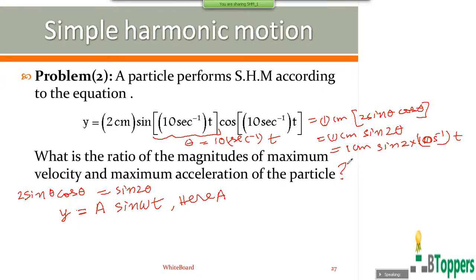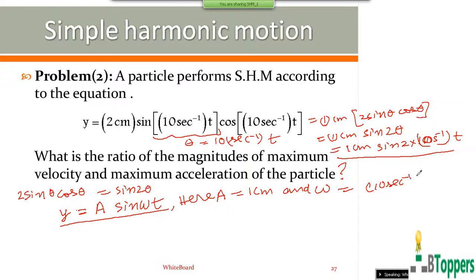Here you can compare this equation with y equal to a sine omega t. Here displacement amplitude a is 1 centimeter and angular frequency: omega t is equal to 20 second inverse into t.